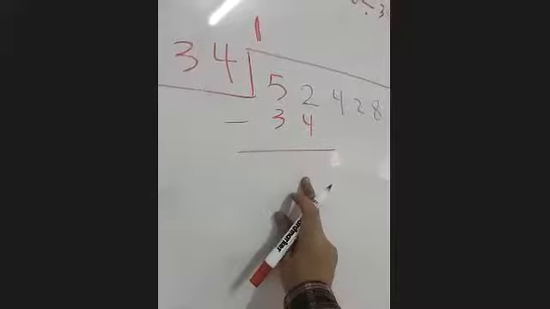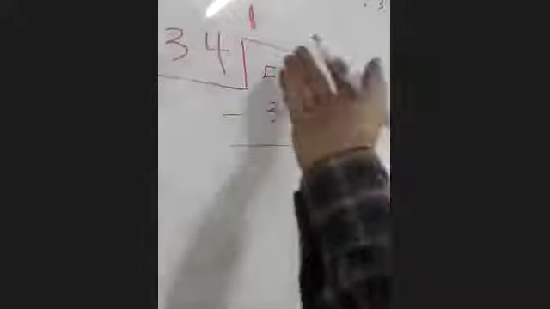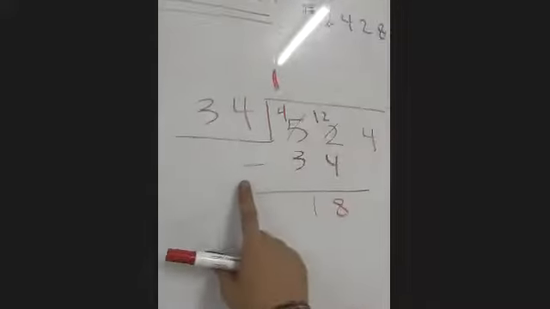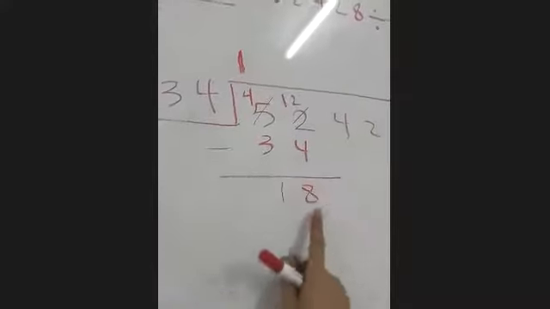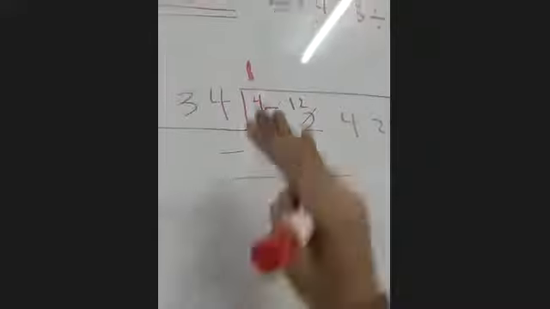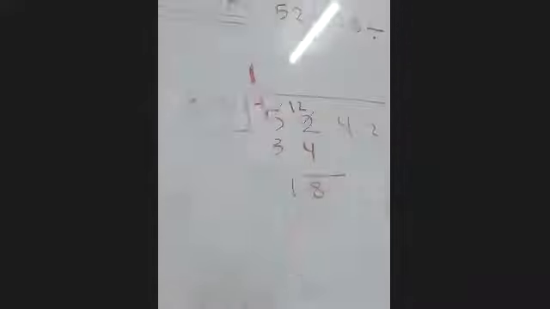No, we will take from the 4. Excellent. This is 4. This is 12. 12 minus 4, 8. 4 minus 3, 1. Now, after I make the subtraction step, guys, we take a look here and compare between the two numbers to be sure that we are doing okay. Now, 18 is less than 34, which means I am fine.